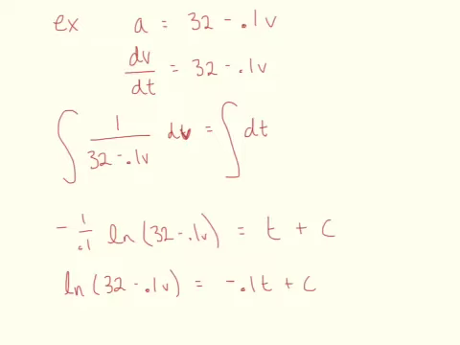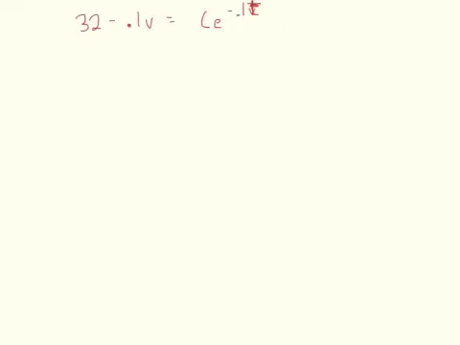And now that we have that, we'll do e to the power of each side. Alright, so now we have 32 - 0.1v equals c e^(-0.1t). And then the next thing we'll do is subtract 32 from both sides, and then after that we'll divide both sides by negative 0.1. So now we get v equals c e^(-0.1t) plus 320.